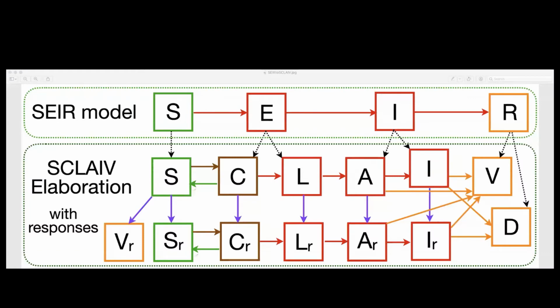You may be familiar with the SEIR framework for modeling infectious disease outbreaks and epidemics. SEIR is an acronym for the disease state that individuals can be in when considered part of the epidemic process. S represents susceptible, E, exposed, meaning individuals that have come into contact with the pathogen and are currently in the latent phase of infection.